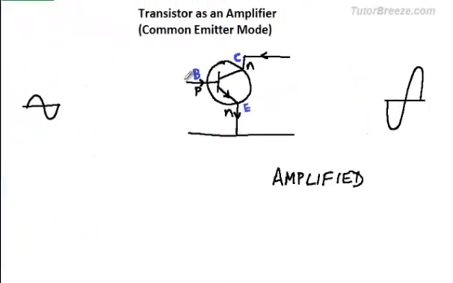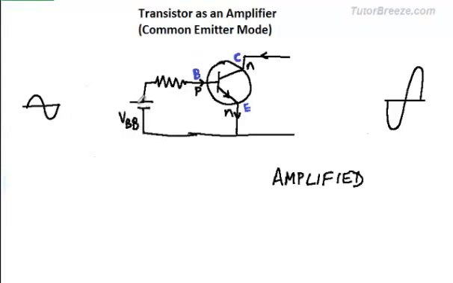When the transistor works as an amplifier, the base emitter junction is forward biased, and the collector emitter junction is reverse biased. So we'll connect a battery and a resistance over here to forward bias this junction, and the battery will be connected so that the positive terminal of the battery is connected to the P side.